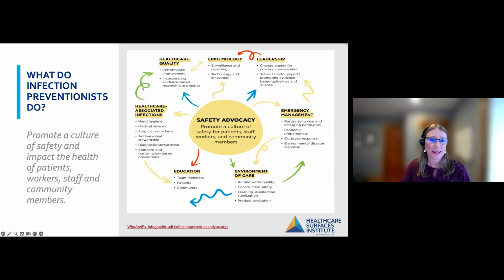We also spend a lot of time working on process improvement and trying to incorporate evidence-based research into practice. And this might be a really big space where infection prevention partners with our housekeeping teams, especially if we're thinking about that room that had the 20-minute turnover as the expectation. So we might look and partner with teams that are required to do that room cleaning to see what types of things could we consider to cut that time down?